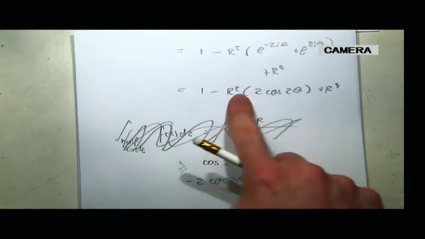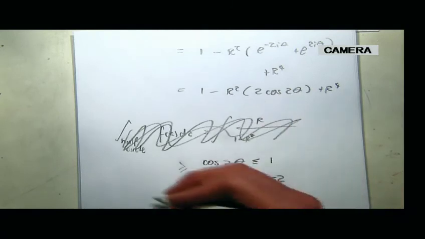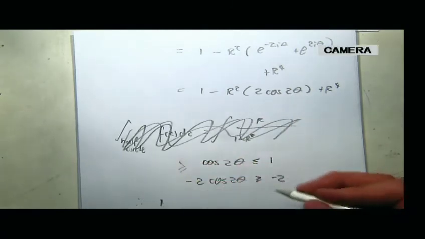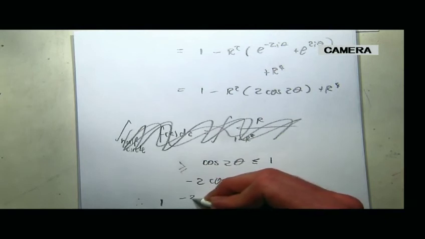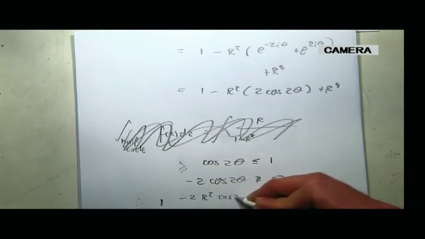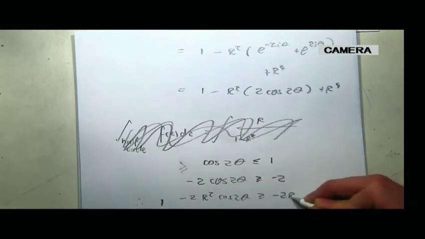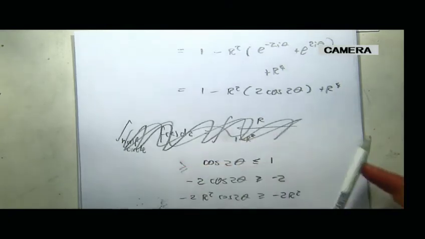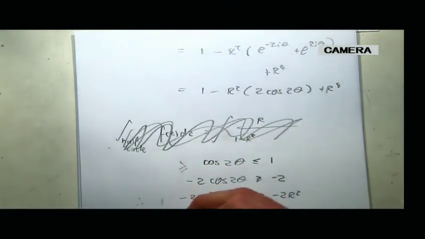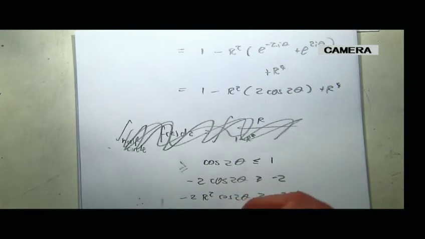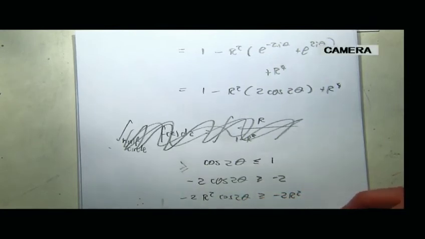I'm just building this up. And so therefore minus 2r squared cos 2 theta is greater than or equal to minus 2r squared. And so therefore 1 minus r squared 2 cos 2 theta plus r to the 4 must be greater than or equal to 1 minus 2r squared plus r to the 4. Okay?